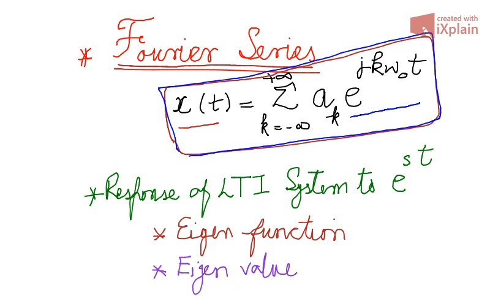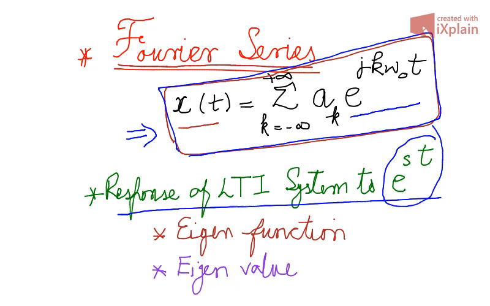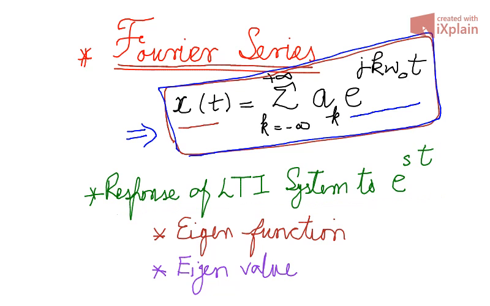But before going to this Fourier series representation, let me talk about the response of an LTI system to a complex exponential. If s is complex, e raised to the power st is a general form of complex exponential, as we have discussed in the class as well.